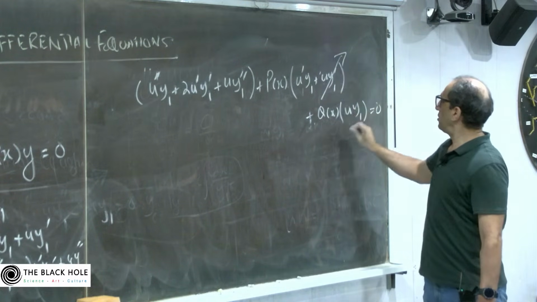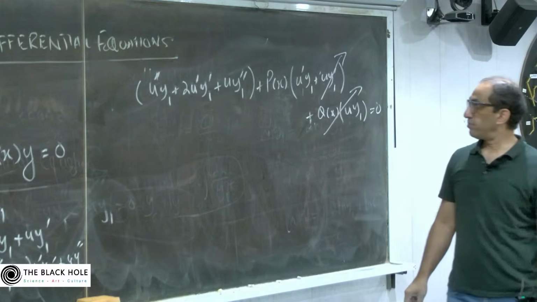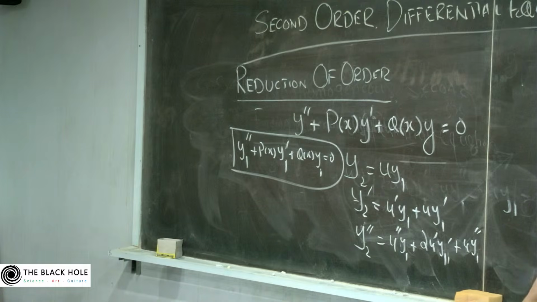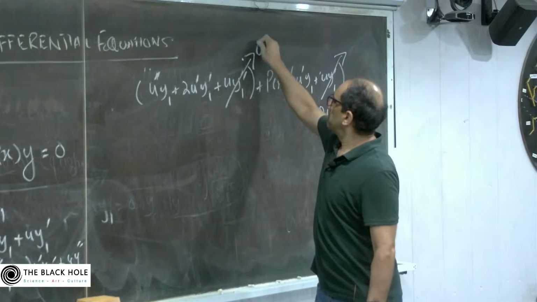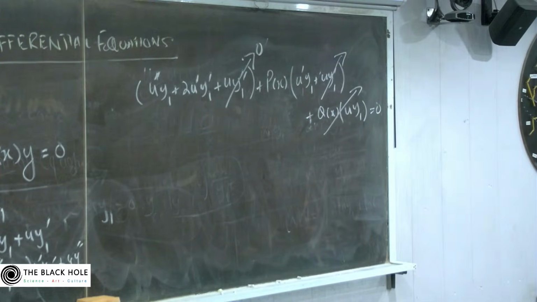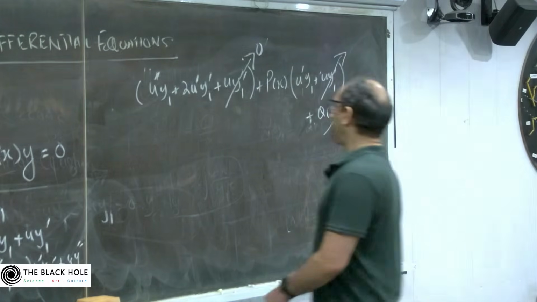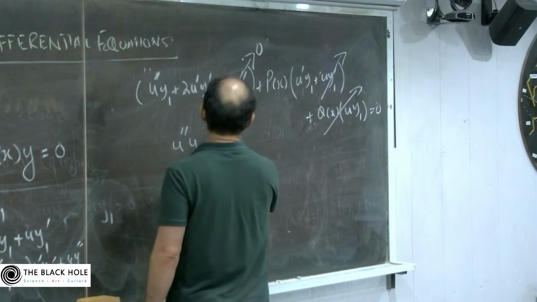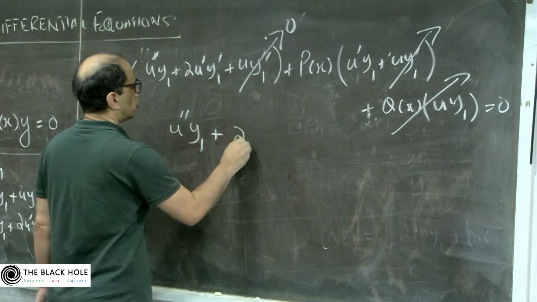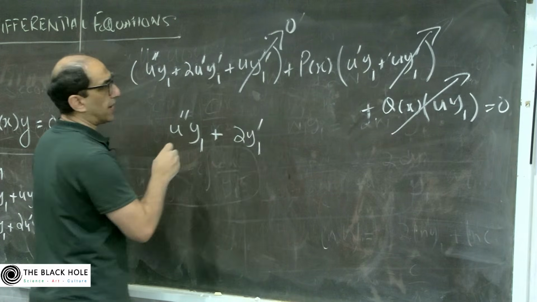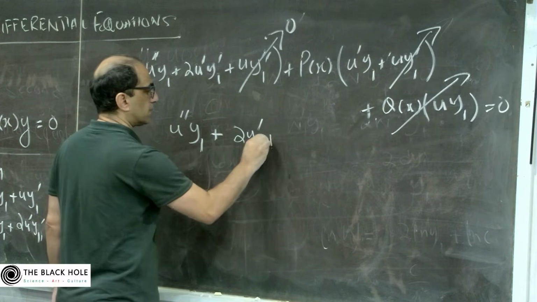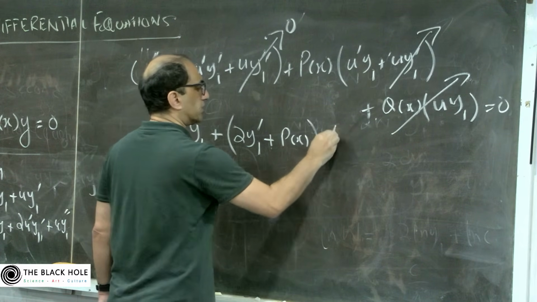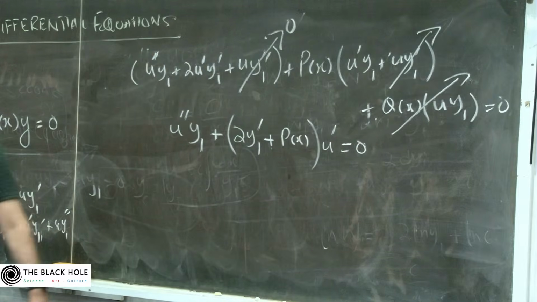So this will go, and what else? y1 double dash. So you will have u common, so this will be 0. Okay? So what do you have now? u double dash y1 plus 2 y1 dash plus p of x u dash is equal to 0.